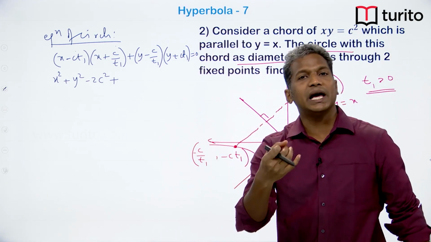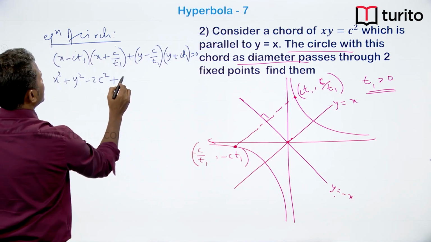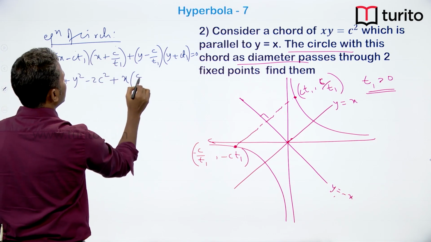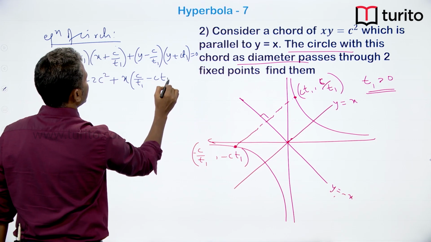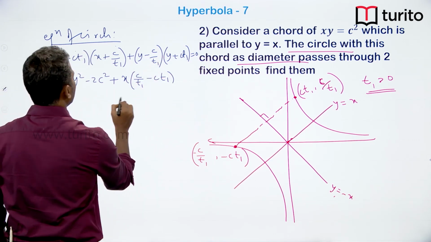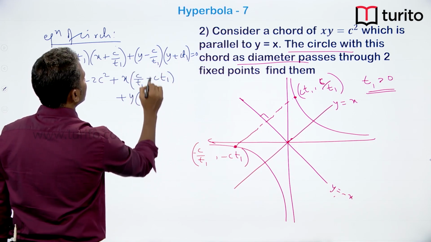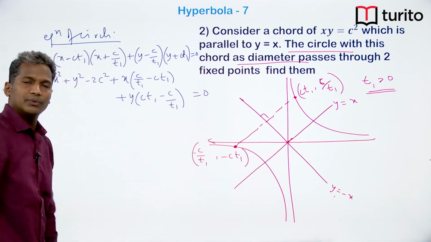Now, I will collect all x terms. So, from here if I take x common, what do I get? If I take x common, I will get c by t1 minus ct1, and similarly from here if I take y common, I will get y into ct1 minus c by t1. This must be equal to 0.